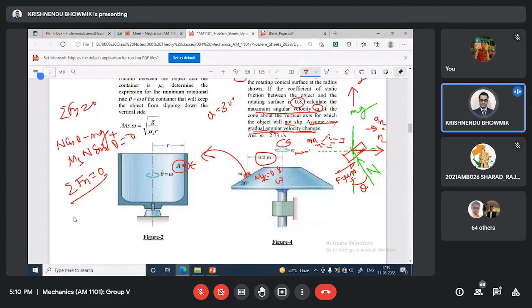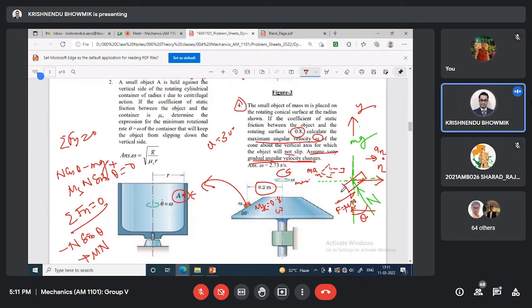Then it is N, correct, minus N sin theta plus mu N, sorry, not mu_s, it's actually mu_k.